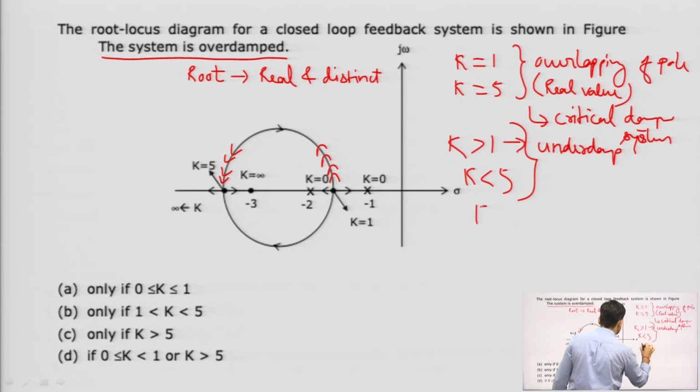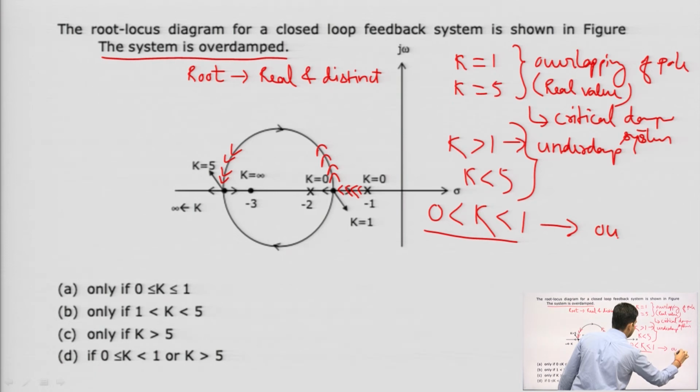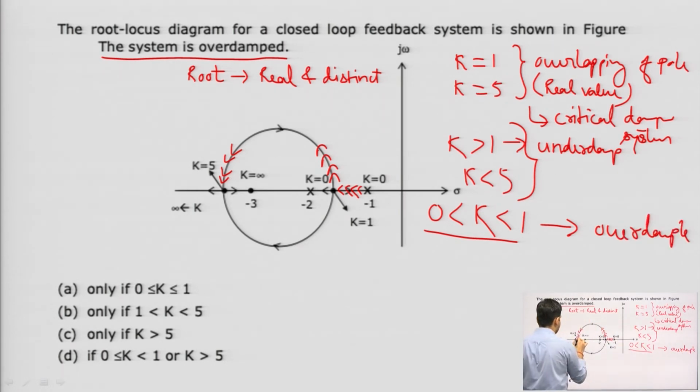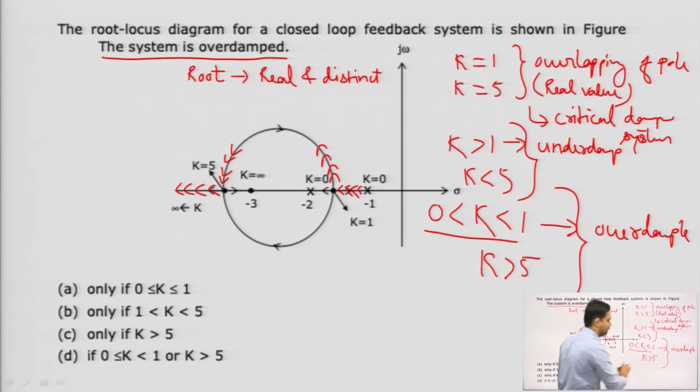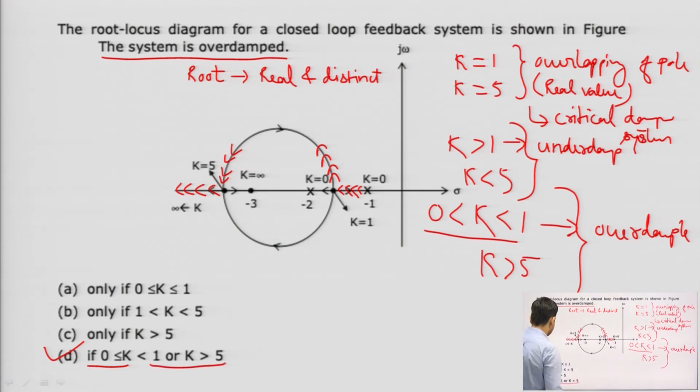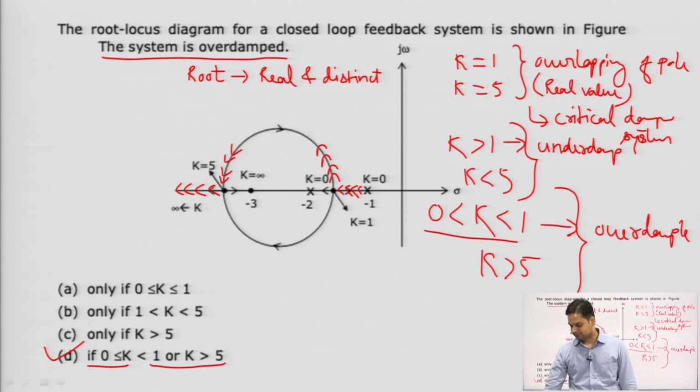When my k is less than 1 but greater than 0, this would be overdamped, because in this region I am getting real and distinct roots, and whenever my k is greater than 5, I am also getting real and distinct roots. It means this would be the case for overdamped. So, here you can see option D is correct: if k is greater than 0 and less than 1, or if k is greater than 5, it falls under the category of overdamped.